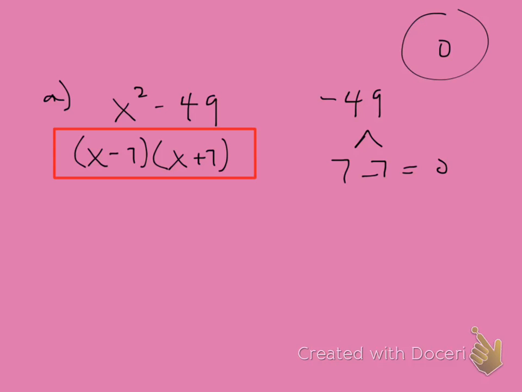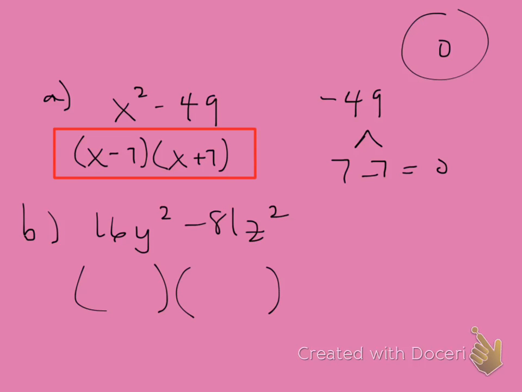Okay? So on B, without using the old-fashioned method, 16y squared minus 81z squared, I'm going to drop two sets of parentheses. What is the square root of 16? 4. And what's the square root of y squared? Y. So I'm going to put a 4y here and a 4y here.